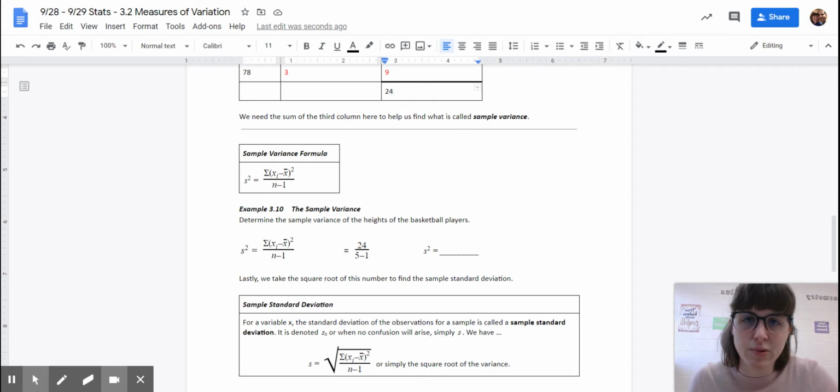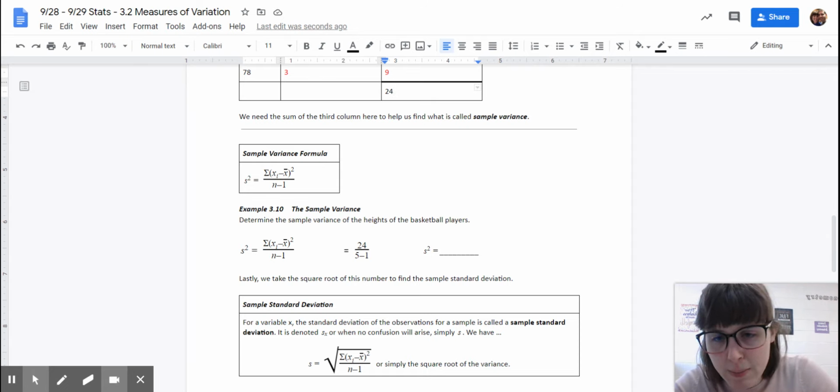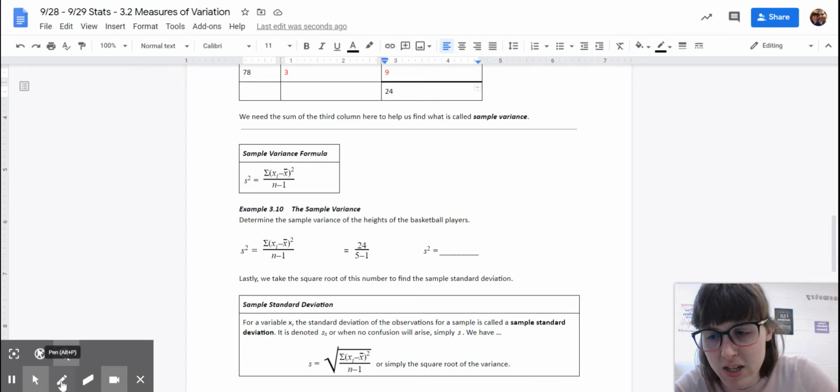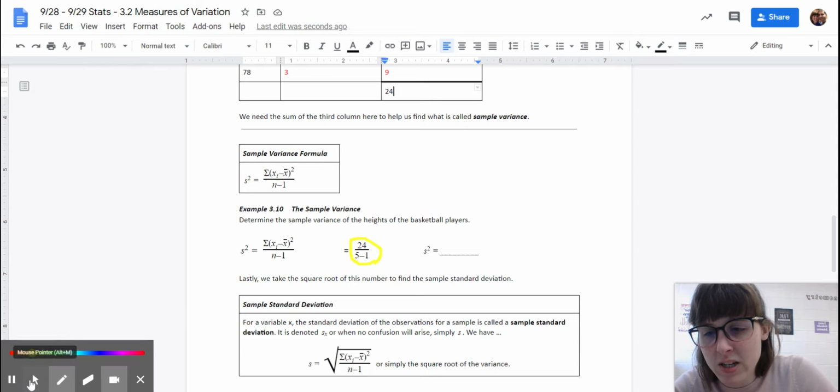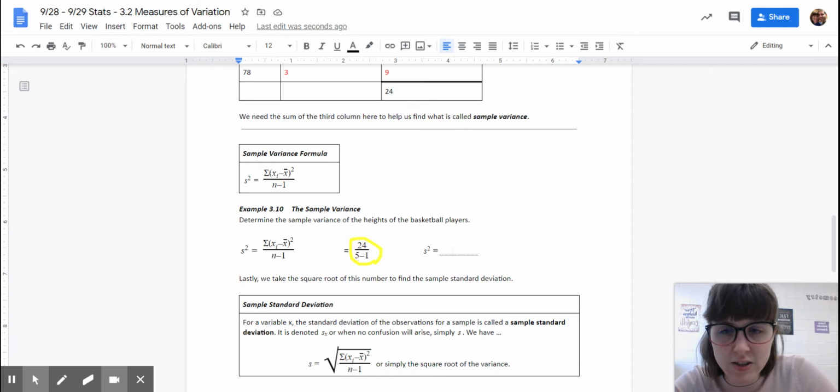For example, there were 5 starting basketball players, so we're going to divide 24 by 5 minus 1. You can see that right here in the middle of the page. And 24 divided by 4 is 6. So that means the variance is 6.